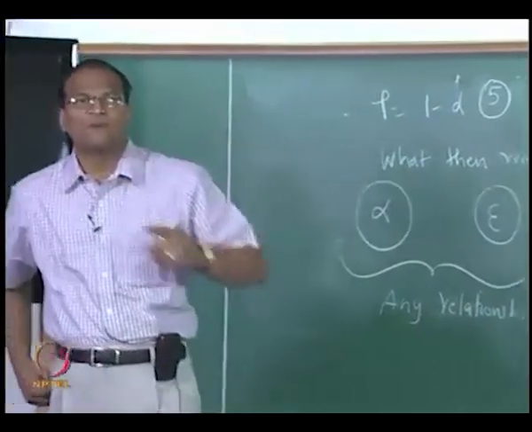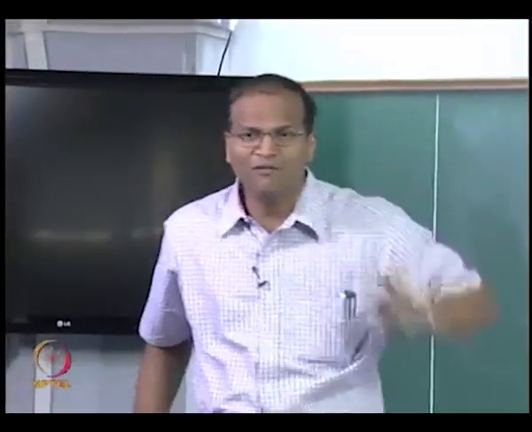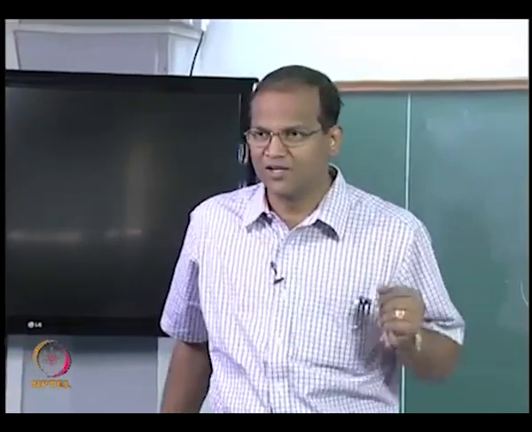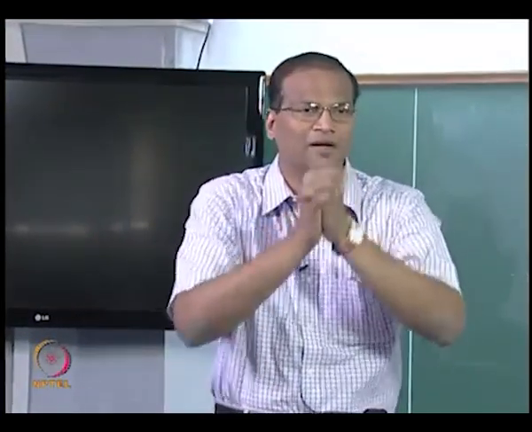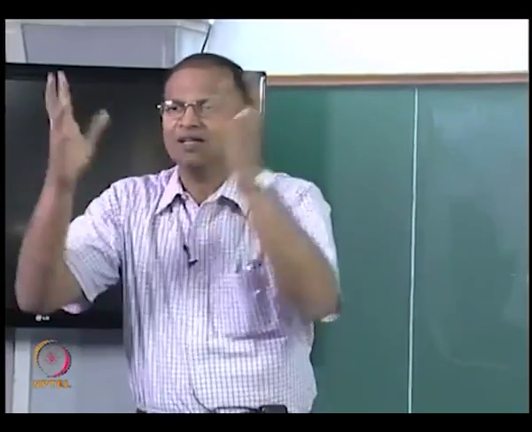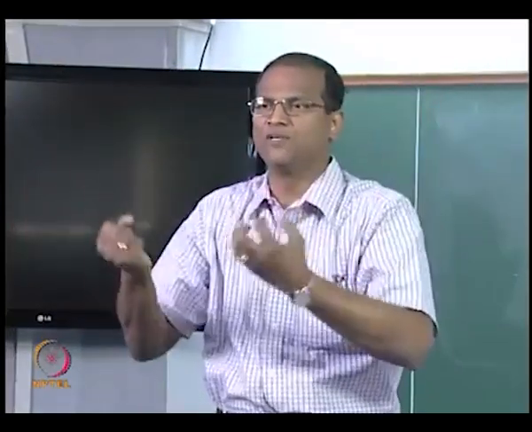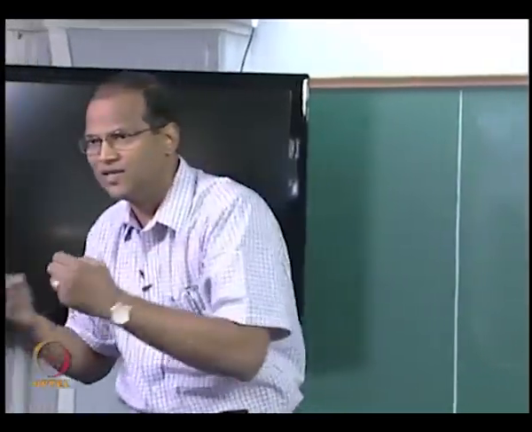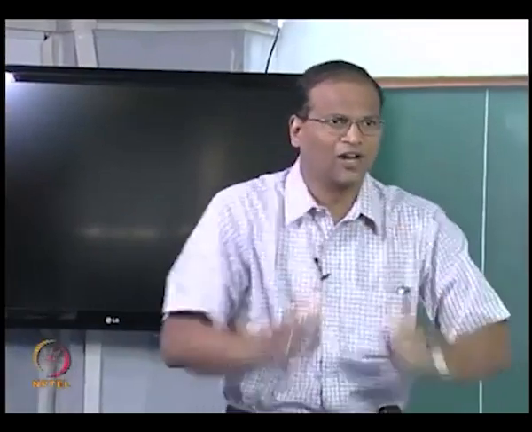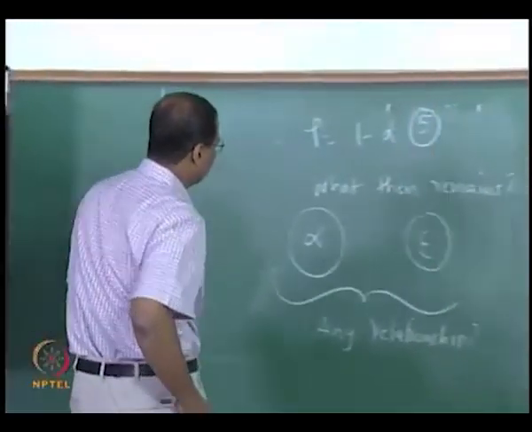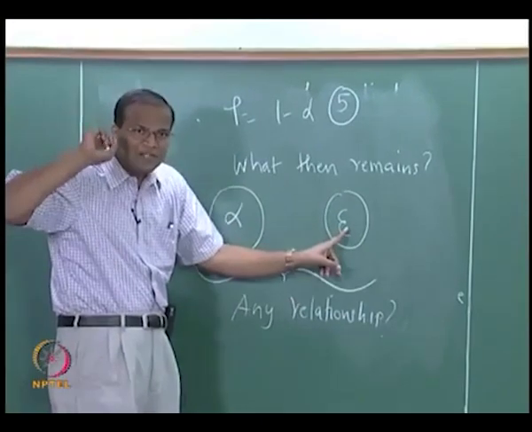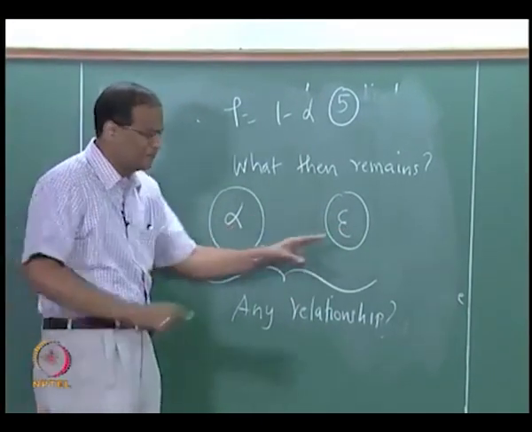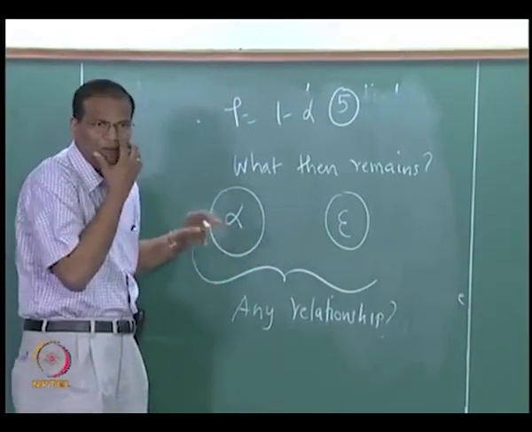So the best minds not only worked on finding out the correct black body distribution, when they were looking at the properties of surfaces, they were also preoccupied with the idea of whether the emissivity and absorptivity are related to each other. Why? It is for convenience. Suppose I am able to establish a relationship between alpha and emissivity, then if I measure emissivity, right now we do not say whether it is equal or not equal, whatever.